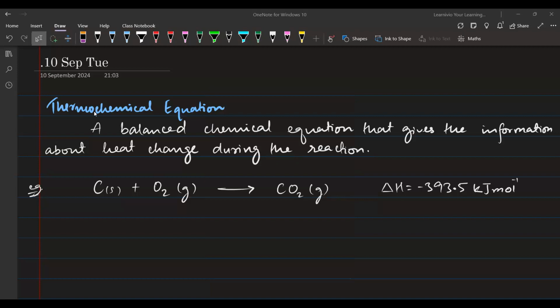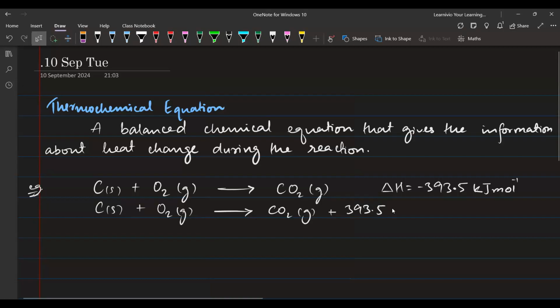So energy is released by the system or energy is absorbed? Energy is released. Released, है ना? So what does it mean? It means that energy is given out as a product. CO2 gas, 393.5 kilojoule per mole of energy is given out.